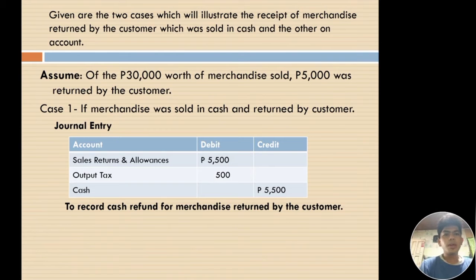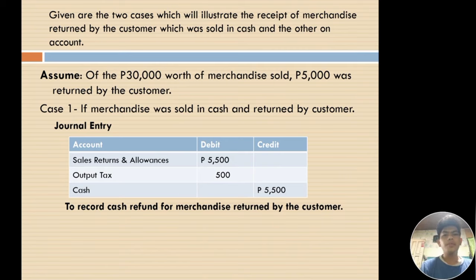Given are two cases which will illustrate the receipt of merchandise returned by the customer which was sold in cash and the other on account. Assume that of 30,000 pesos worth of merchandise sold, 5,000 pesos was returned by the customer. Case 1: if the merchandise was sold in cash and returned by the customer.